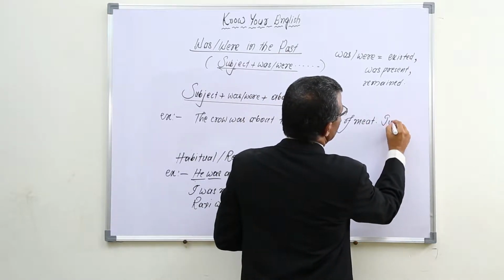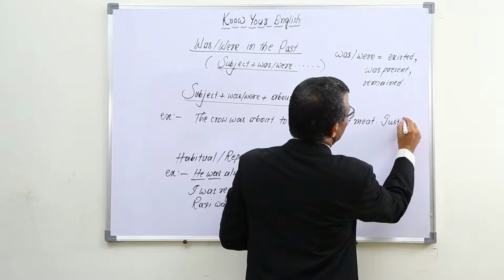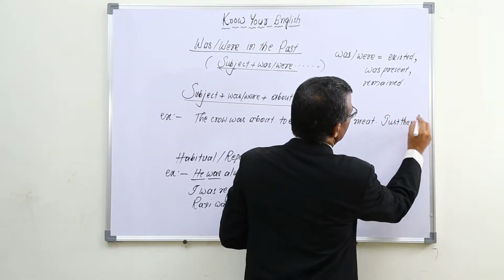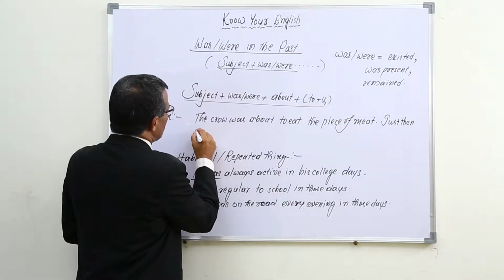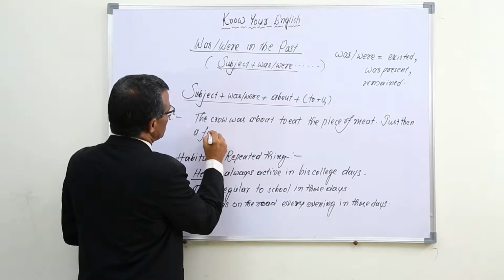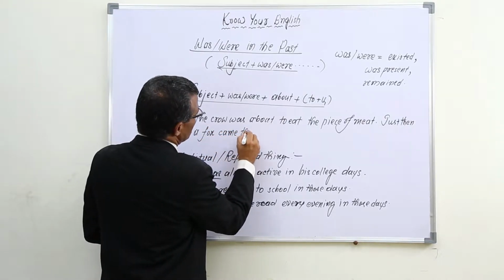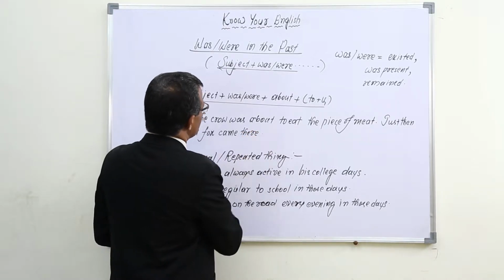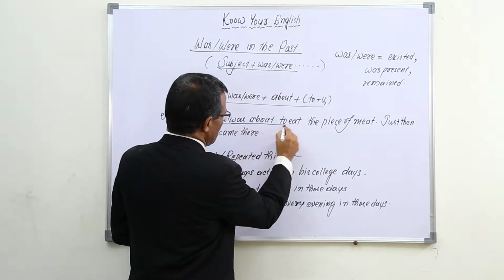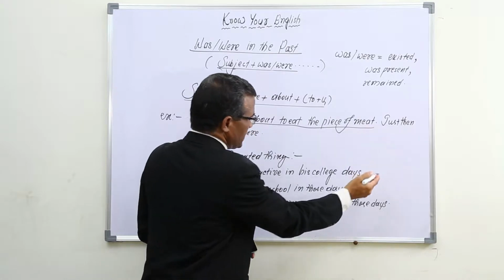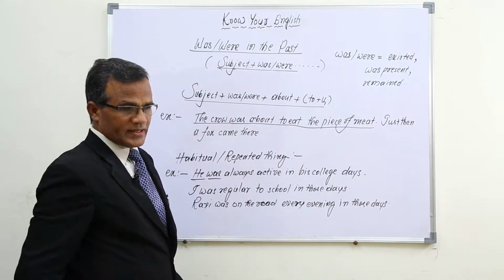Just then a fox came there. So the crow was about to eat the piece of meat. Just then a fox came there.